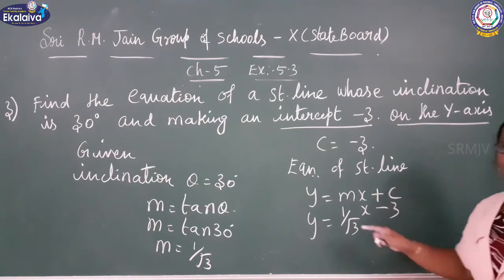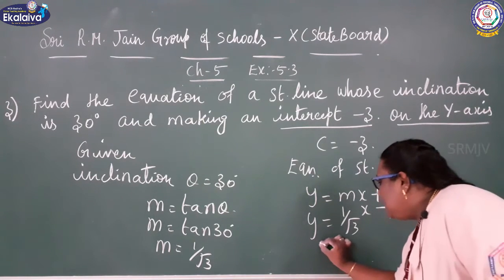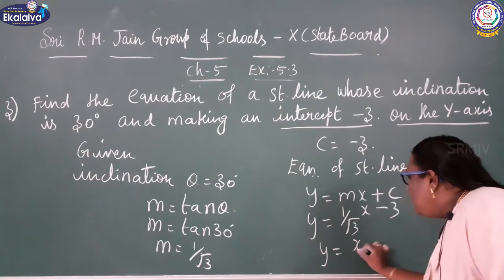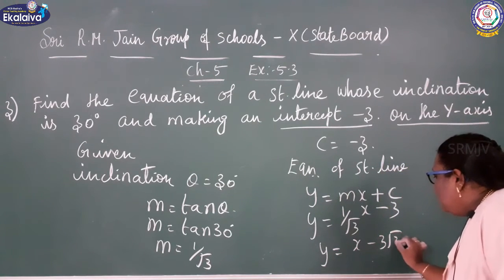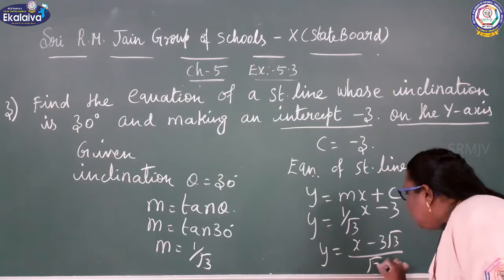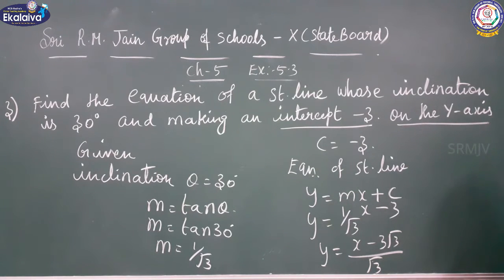You can take the LCM. See here, y equal to x minus 3 root 3 by root 3. You bring this root 3 to the left hand side. What is the value you are getting? Root 3 y equal to x minus 3 root 3. So you write it in a proper way: x minus 3 root 3.